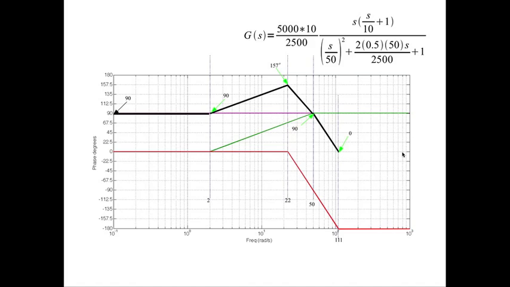Now there are no more corner frequencies, so nothing else happens, so you can go to the end and add everything up. The contribution here, because of the 0 at the origin and the 0 at minus 10, is 90 each. This contribution is minus 180, add everything up, the total is 0, so you can draw this horizontal line like so. Now that is essentially your asymptotic phase plot for this transfer function.